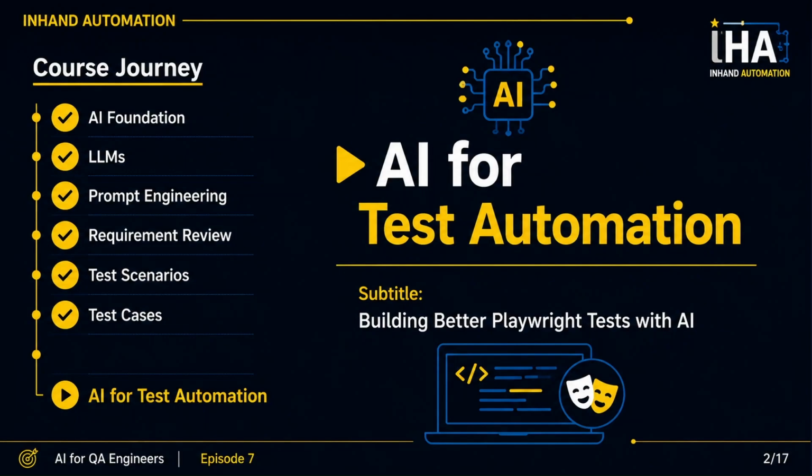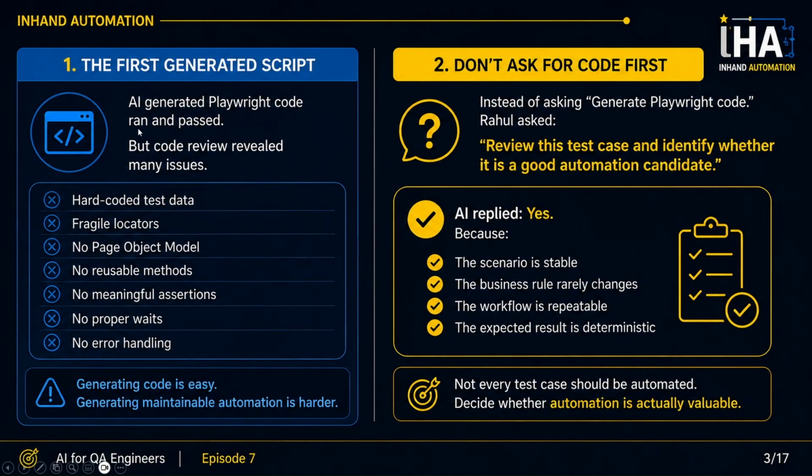The moment the colleague started reviewing the code, he noticed a lot of problems. The AI generated code passed, but there was hard-coded test data in the script. There were some fragile locators. There was no page object model.